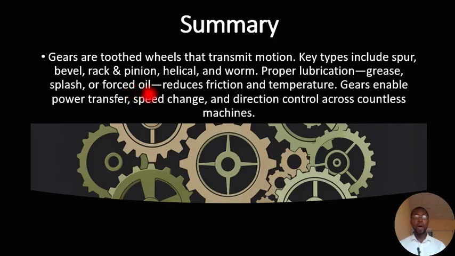This lubrication will help us to reduce the friction and temperature, which will help in the effectiveness of the gears. We are also able to see that gears are useful for transmission of power, for change of speed, and for direction control across countless machines.